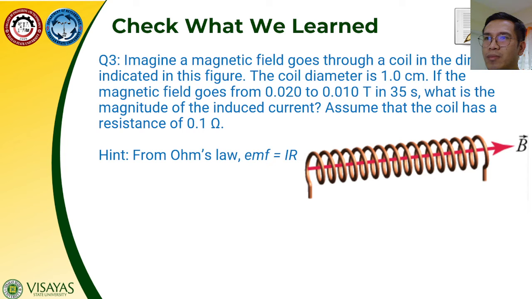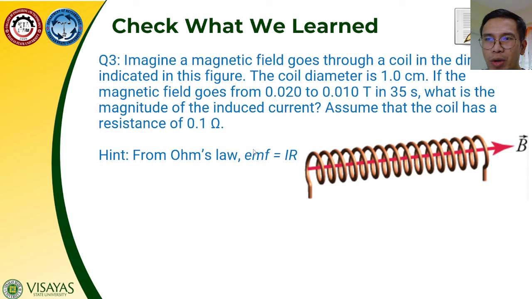So given the resistance, what else are given? The diameter, which is 1 centimeter, the magnetic field, and the induced current. So what is being asked is the current, or induced current, or I. From Ohm's law, our EMF is equal to IR, or voltage is equal to IR.